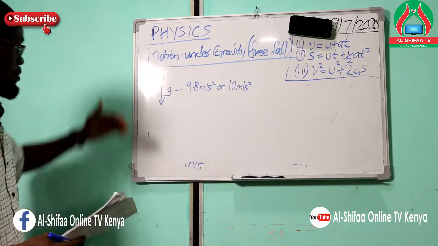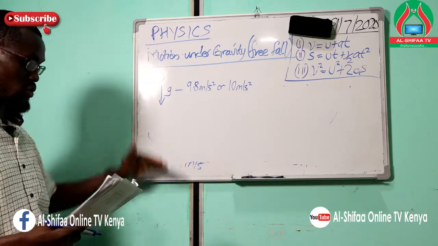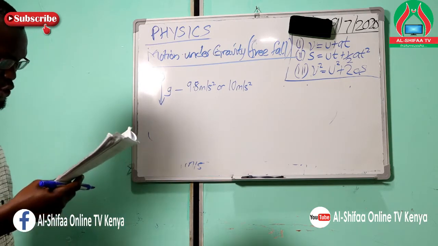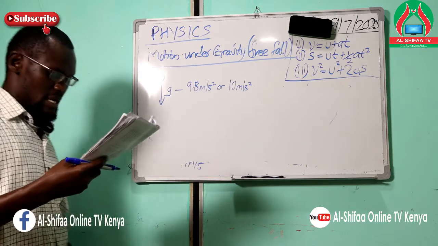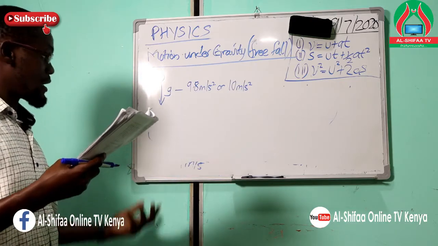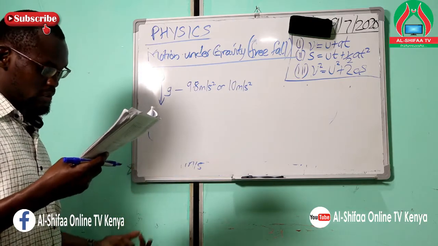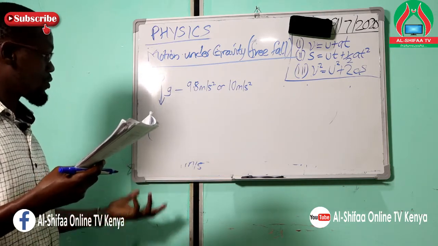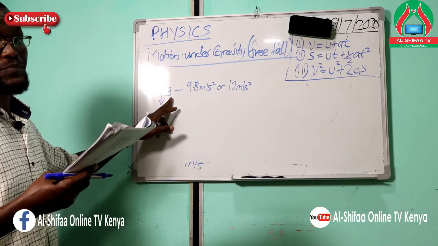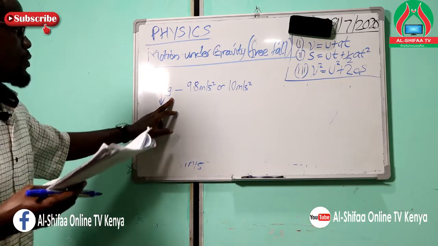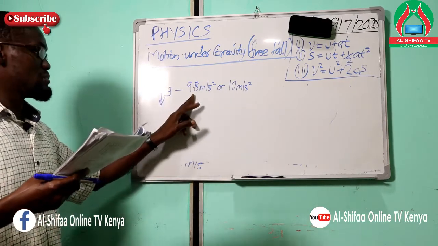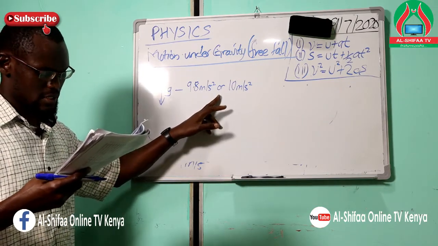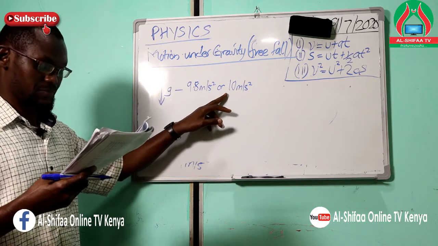So we are told that when an object falls toward the ground, experimentally it has been shown that it undergoes a gravitational pull, which is a gravitational acceleration denoted by g, which is 9.8 meter per second squared or 10 meter per second squared approximately.